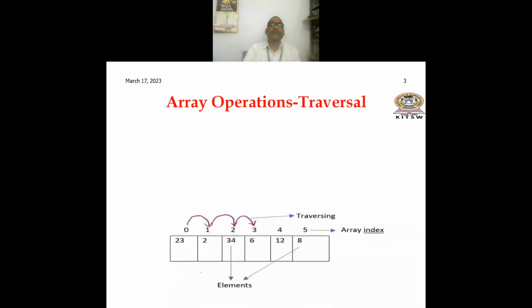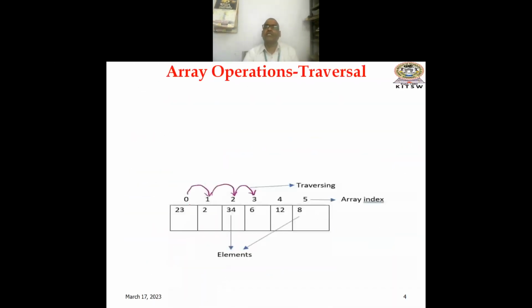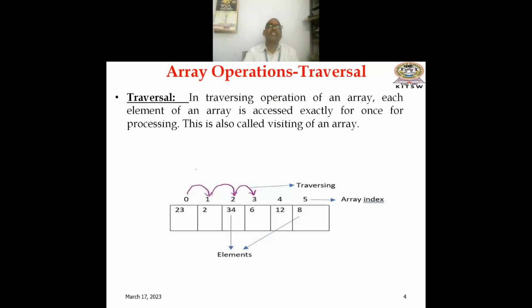The one fundamental operation that we are going to implement is the traversal operation. Traversal is nothing but each and every element of an array is accessed exactly once. This process is called traversal. It is also called visiting the array elements exactly once.